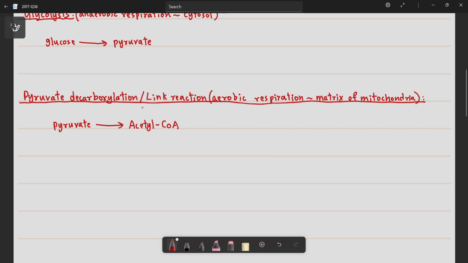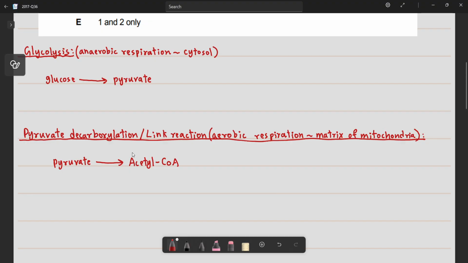Okay, so this is the main product of pyruvate decarboxylation, or you can call it the link reaction. So this is a very generalized word equation, but now I'm going to write the full balanced word equation for each of these. So for glycolysis, the main reactant is glucose plus 2 NAD plus. Okay, so this is oxidized NAD plus, 2 ADP, plus 2 Pi.